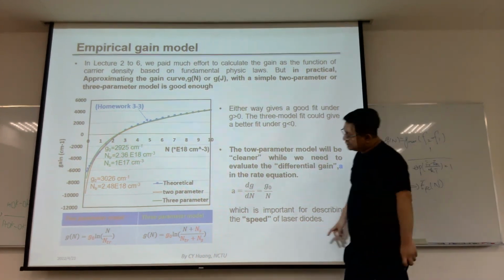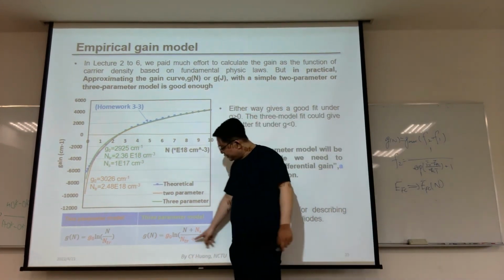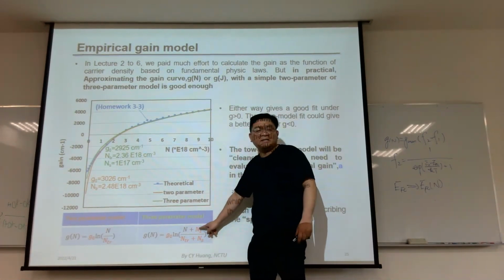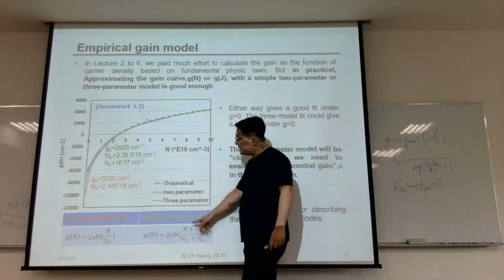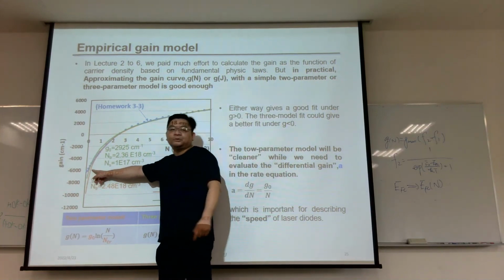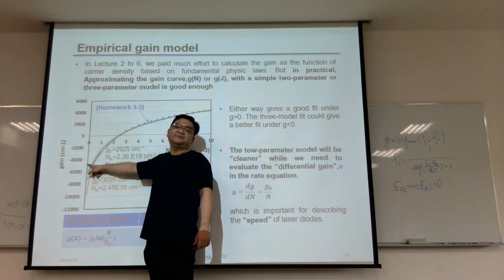And there's also another three-parameter model. We just added the n_s here. This revision fixes the case that when n is equal to 0, the gain doesn't go to minus infinity.